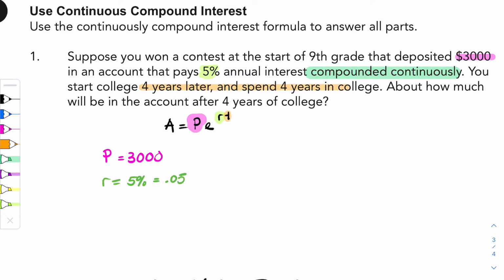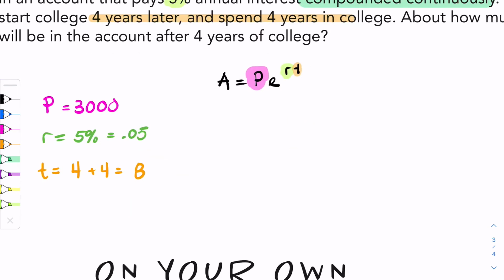That makes a total of 8. 9th grade till you graduate is 4 years, 4 more years in college, that's 8. When we substitute these values into our formula, we have 3,000 multiplied by E raised to the power of 0.05 times our value of time, which is 8.